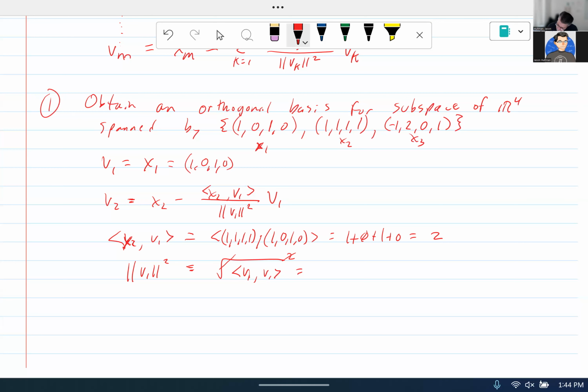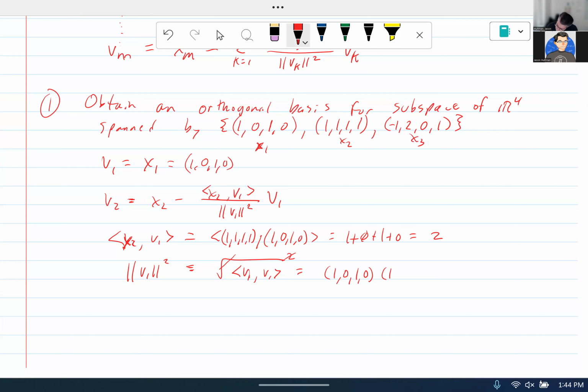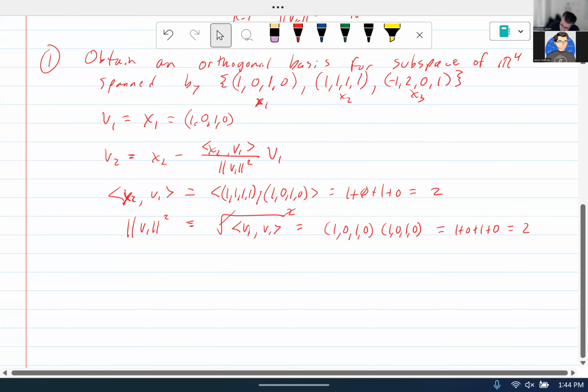Okay, and so this is just going to end up being 1, 0, 1, 0, dotted with 1, 0, 1, 0, which is just going to end up being 1 plus 0 plus 1 plus 0, which is again 2. Okay, so let's put this together.